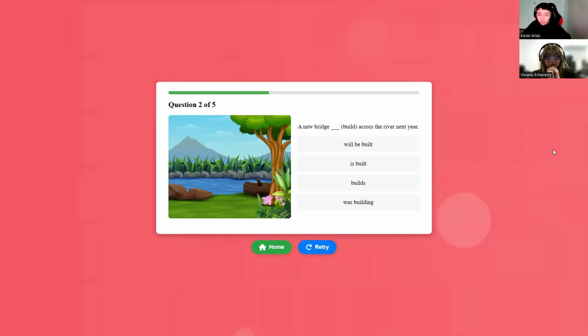So, in the second question: a new bridge built across the river next year. Remember that future passive voice uses will be plus past participle. So, in this case, the correct option is will be built.